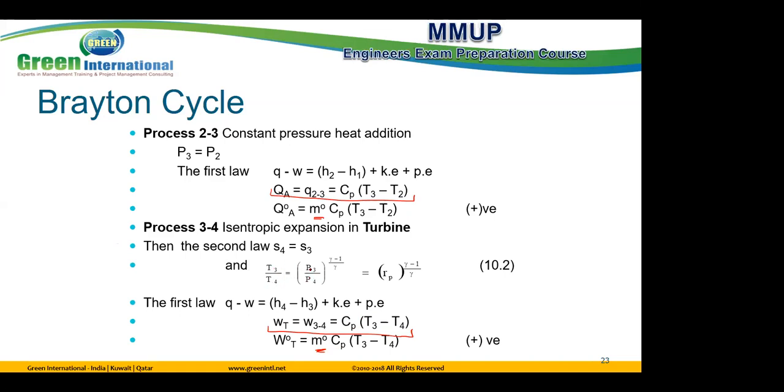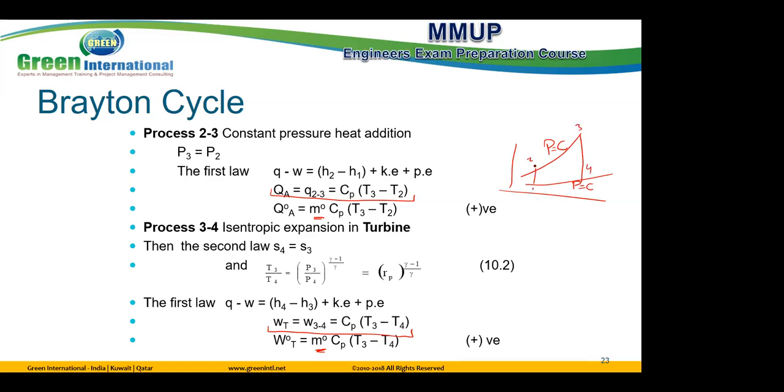T3 over T4 equals P3 over P4 to the power gamma minus 1 over gamma. And we know P3 equals P2. This is a cycle, to remember. Pressure is constant in the combustion chamber, and constant in the rejection as well. So 1, 2, 3, 4.